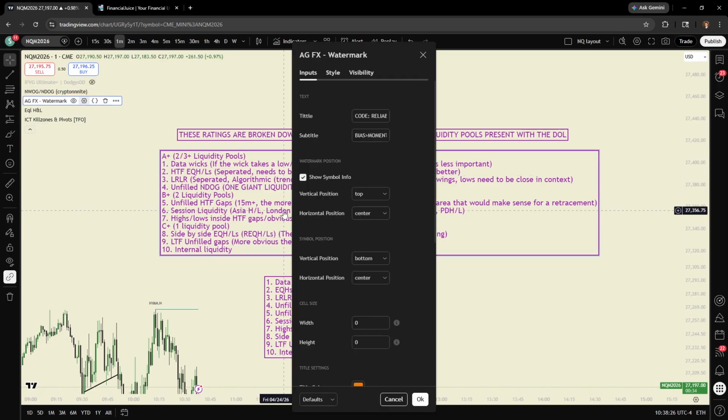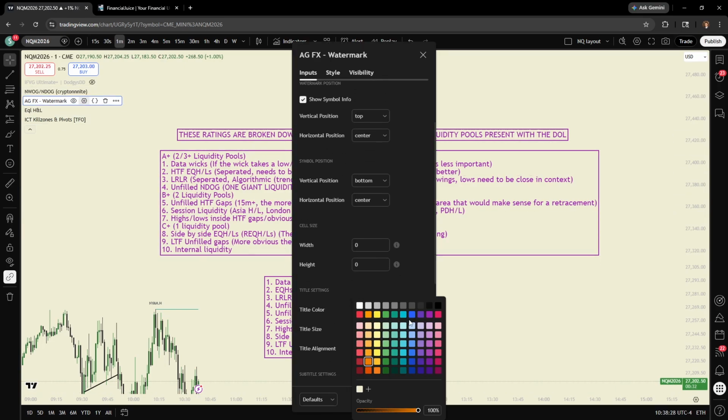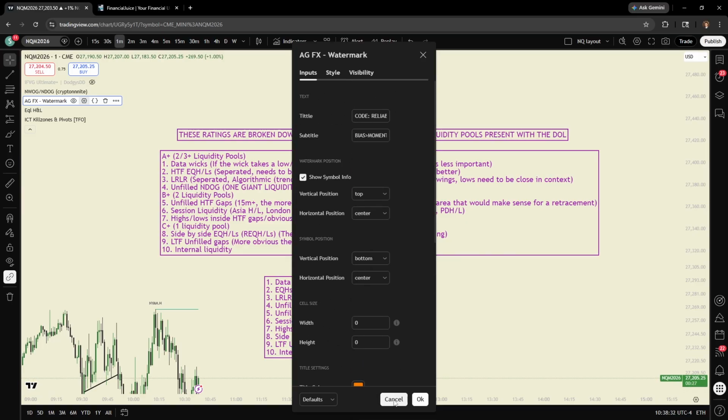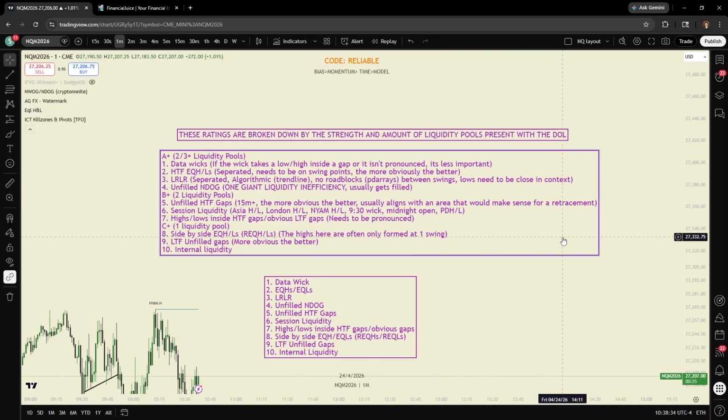You go to the watermark, and you go to title color, and change it to whatever. Are you done with this lesson, or are you going to keep teaching? I was just going to wrap it up and take questions. I wrap it up, and then I have a question. Okay, sure. All right, guys.